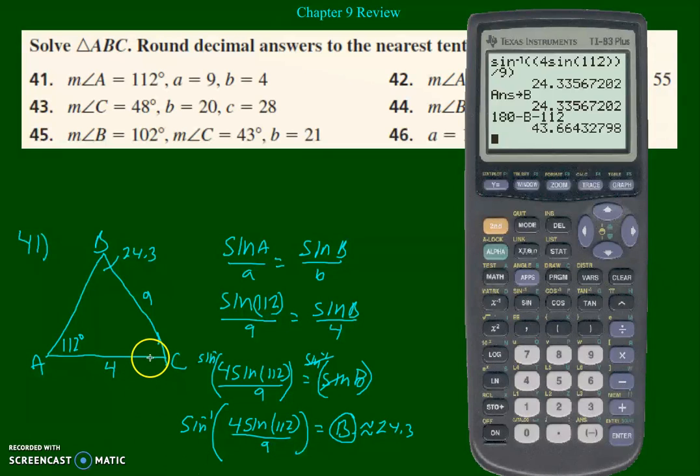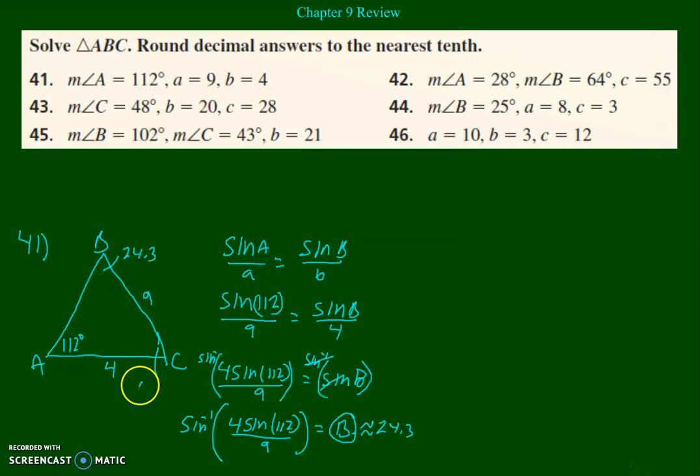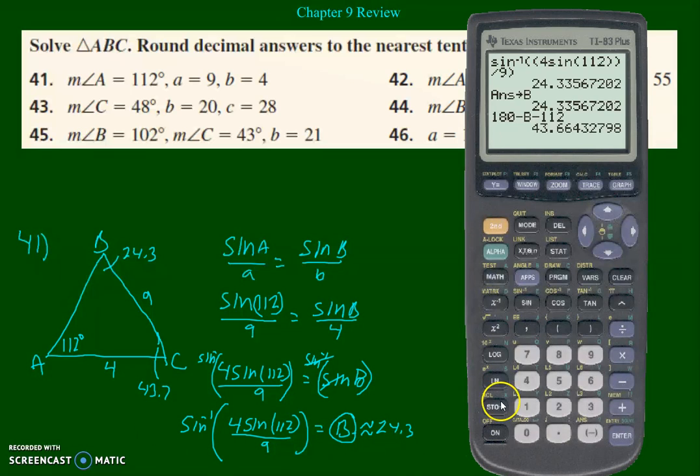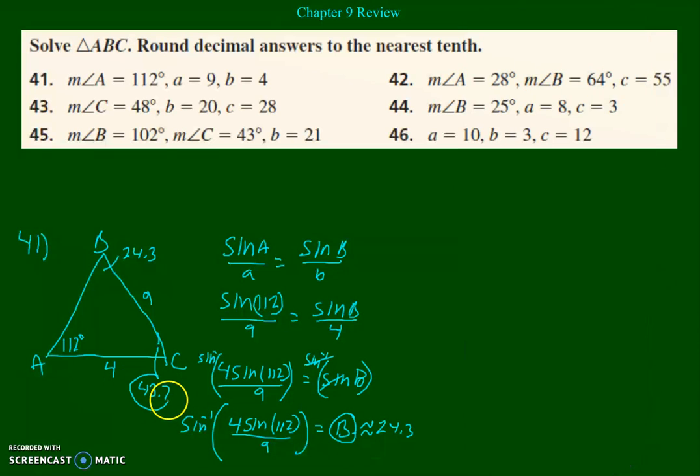Let's write 43.7 for angle C. And we might want to store that value just in case. So store in memory location C, and I'm going to circle that and say that that is stored in C.